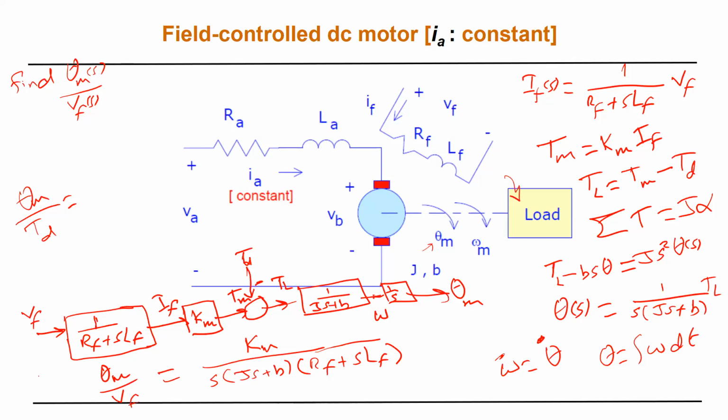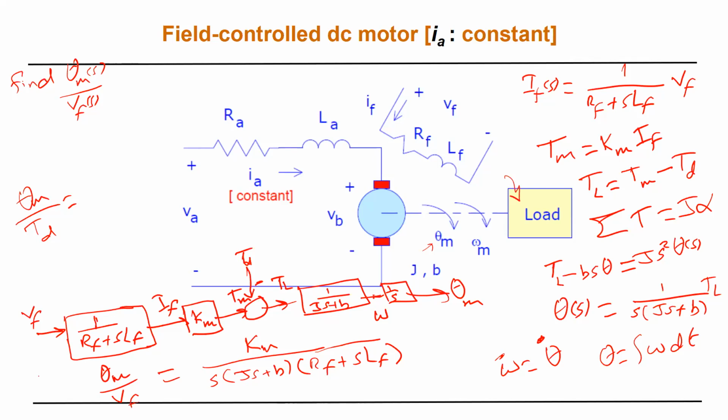So if I want this, it is going to be 1 over S times (JS plus B). But this should be TL, not TD, right?